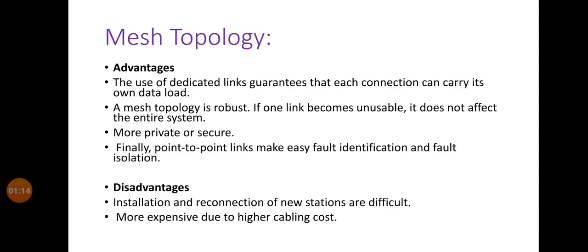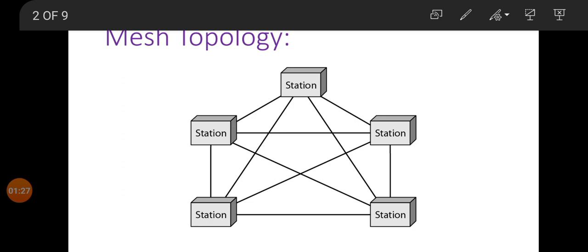The second advantage is that mesh topology is robust. If one link becomes unusable, it does not affect the entire system. Means if this particular link fails, then it doesn't affect other links.